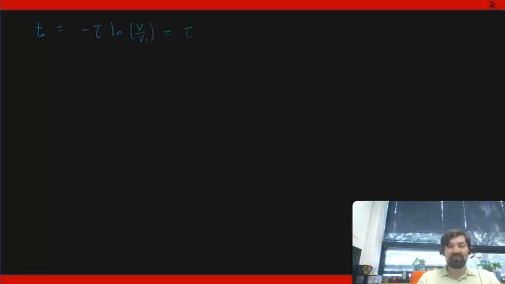For what that's worth, that is equal to tau times natural log V naught over V. And so we use that 5.0 seconds that we found previously times the natural log of V naught over V, which was 24 volts over 12 volts, or in other words 5.0 seconds times natural log of 2.